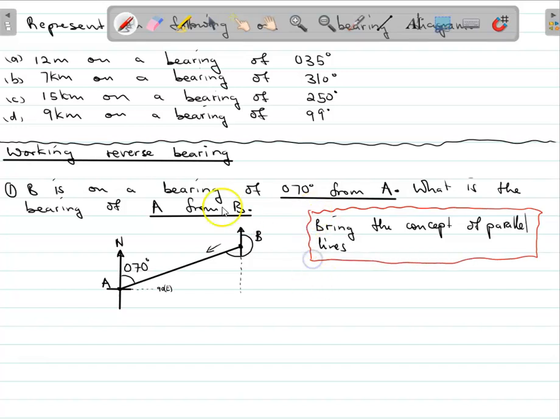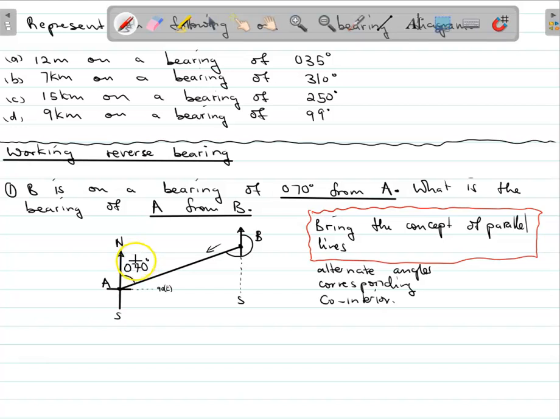When you say bring in the parallel lines, now we start talking about alternate angles, corresponding angles, co-interior angles. What is parallel? This is north-south, and this is also north-south. The north-south lines run in the same direction, which means they are parallel.